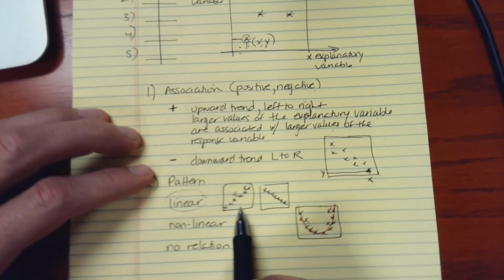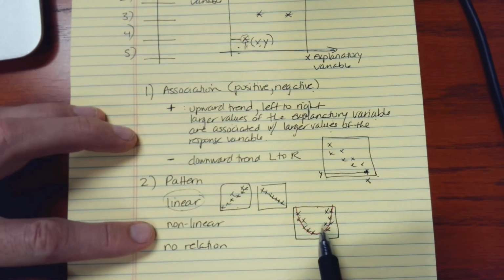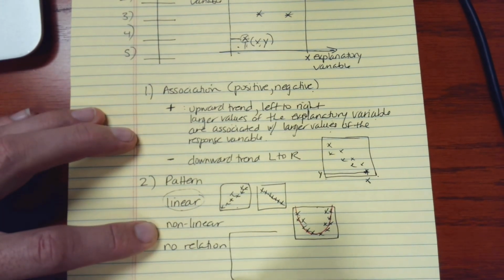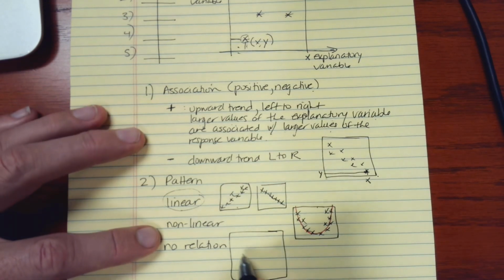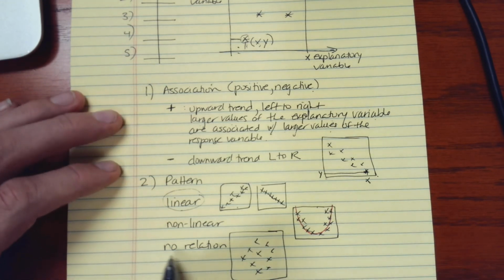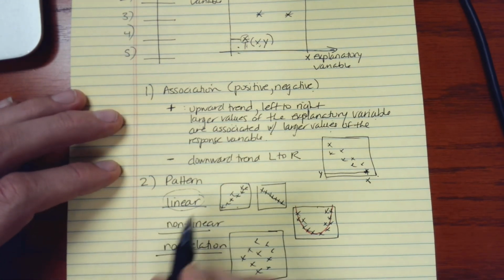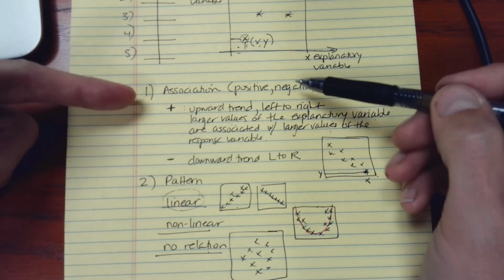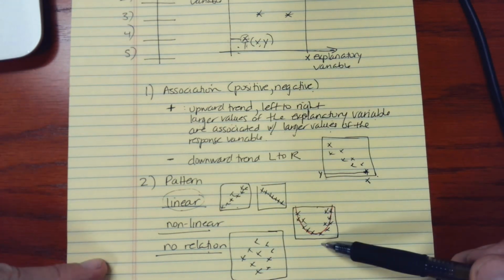It's not a straight line. And so this would just fall under this kind of catch-all of nonlinear. And then finally, if we don't see any pattern at all, so there's just a random display in the scatter, then we'll just say that there's no relation. So here are the three options that we'll look for. So again, look for association and then for a pattern.